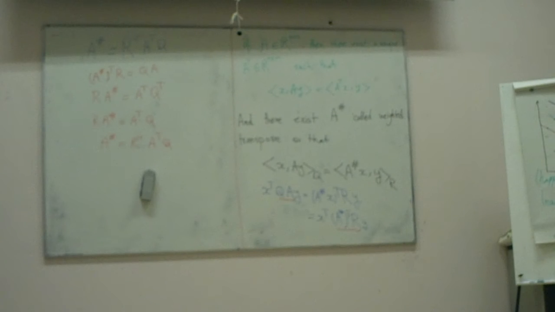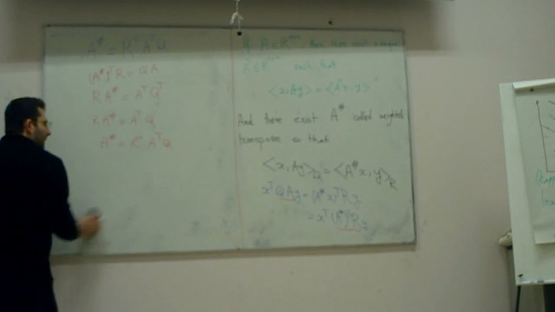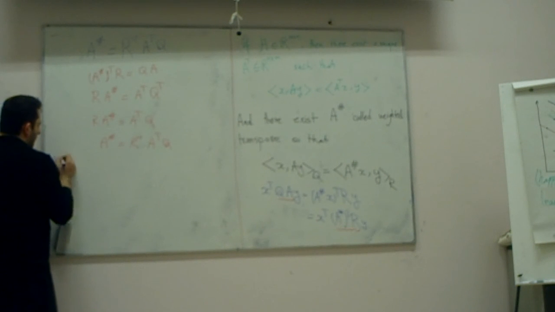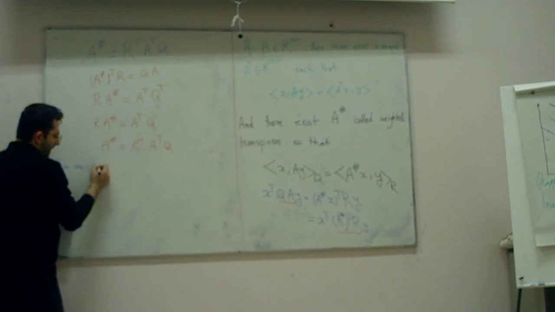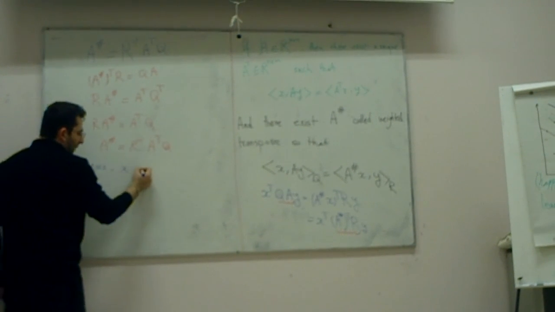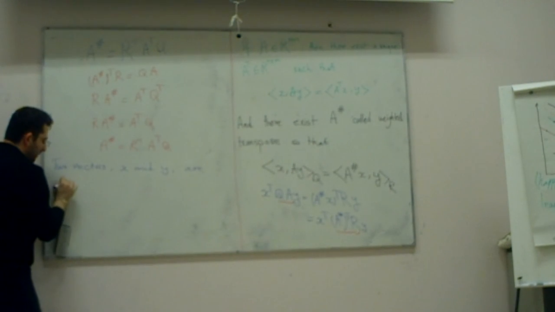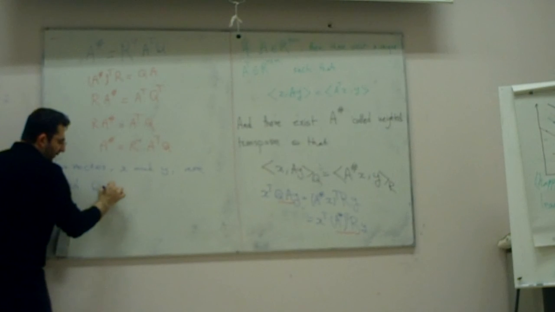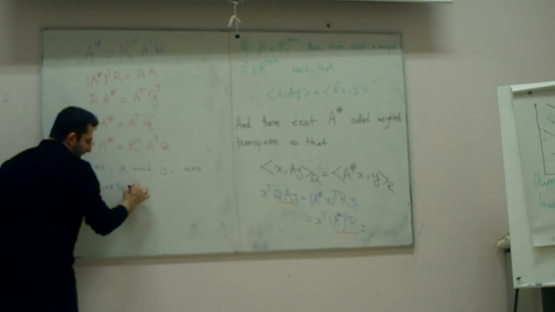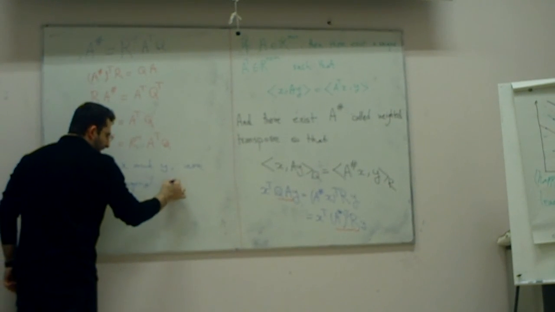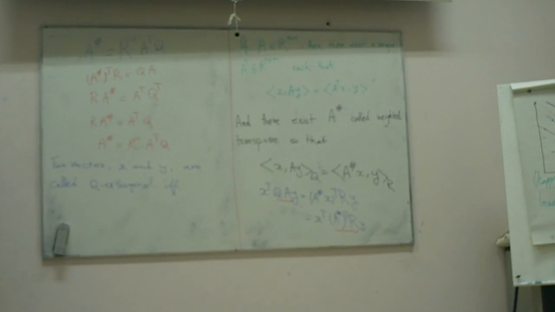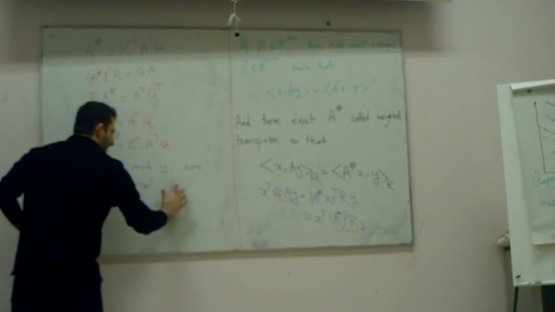So as we have the weighted transpose, we can now define two vectors x and y that are called Q orthogonal if, what is the definition?